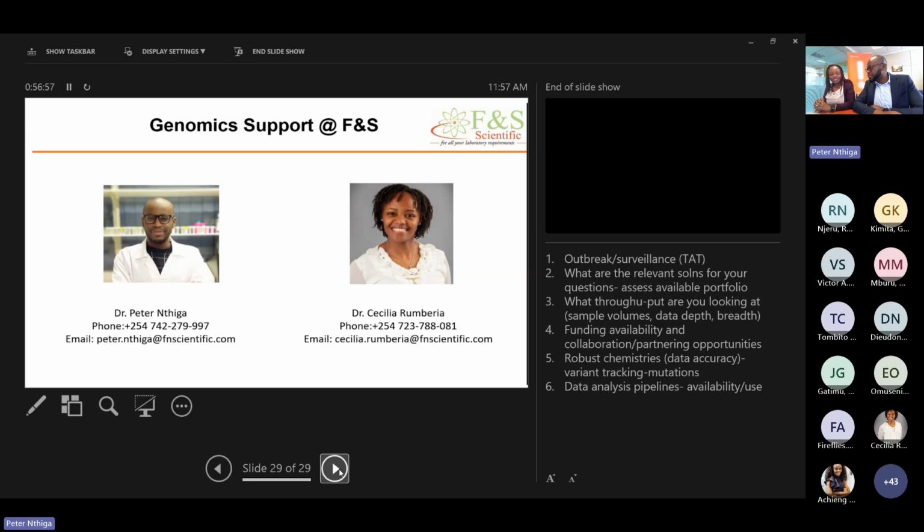So Peter, the question that you need to address is, does Illumina have working or are working on any field conditions level sequencing? So I presume the question here is whether we are looking for a portable solution.